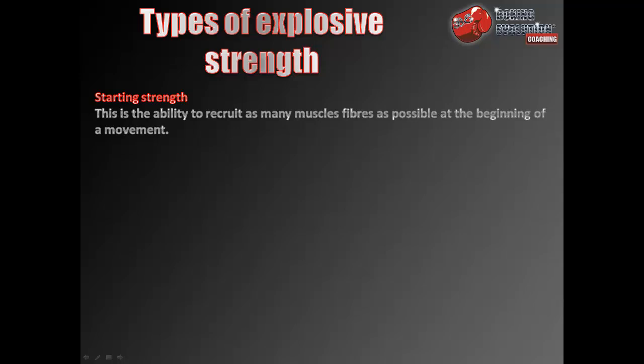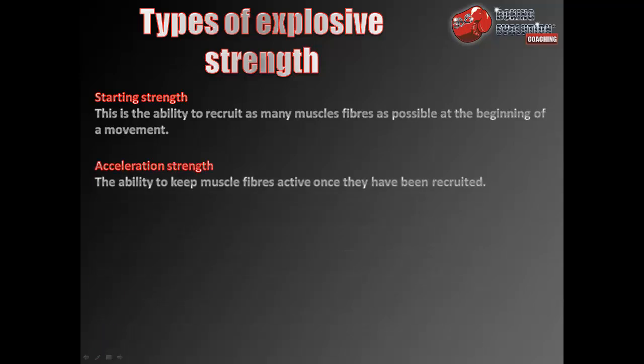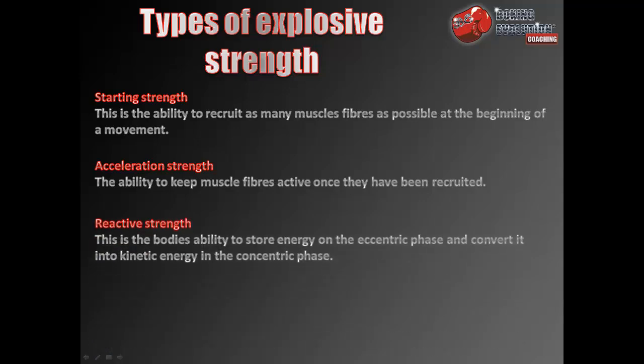The aspects of explosive strength are starting strength. This is the ability to recruit as many muscle fibres as possible at the beginning of a movement. Acceleration strength, the ability to keep muscle fibres active once they've been recruited. Reactive strength, this is the body's ability to store energy in the eccentric phase and convert it into kinetic energy in the concentric phase.